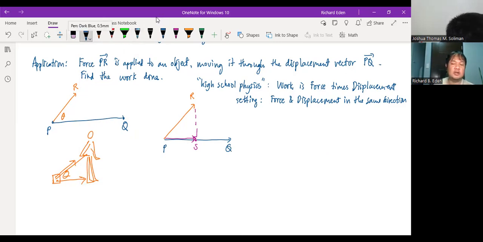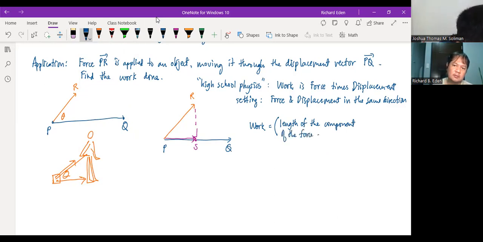So the high school physics computation would actually go like this. The work done is equal to the length of the component of the force along the displacement, multiplied by the distance traveled.